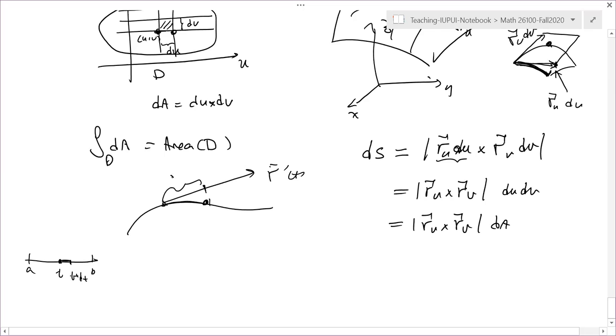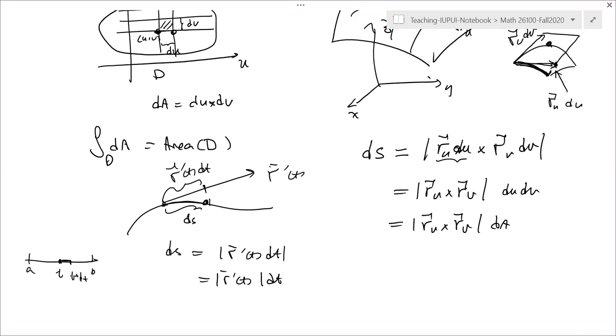That piece will be r prime t dt. So ds is going to be the length. Okay, it's similar here.